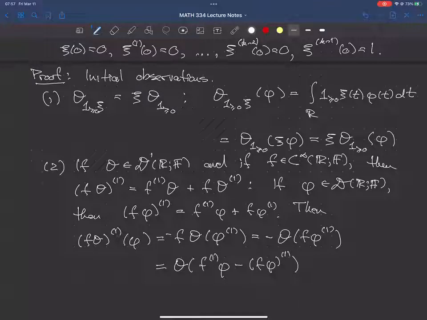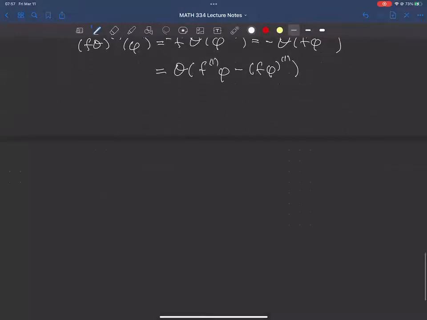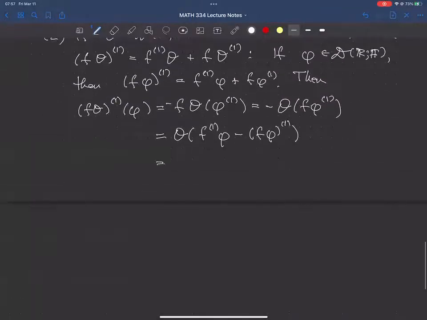Okay. All right. Okay, so distributions are linear. So this is theta of f 1 phi, okay, minus theta of f phi 1.